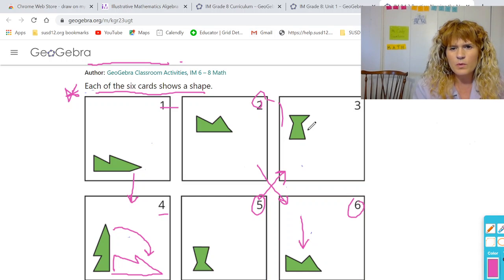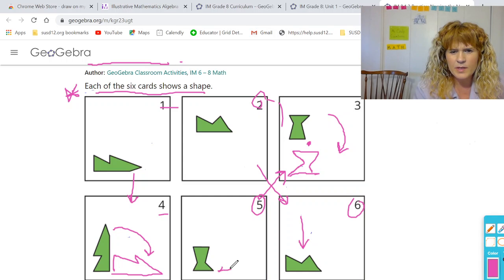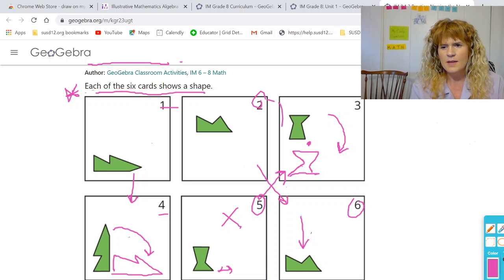Well, if 3 were to rotate around this center of rotation, maybe clockwise, then this bottom would be down here and it'd be kind of pointing to the left. But this one is pointing to the right, so it's not a rotation. Not that one.